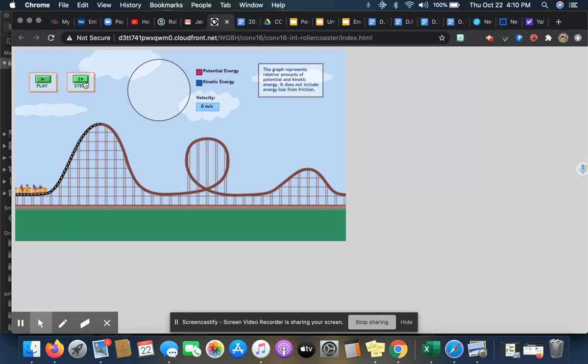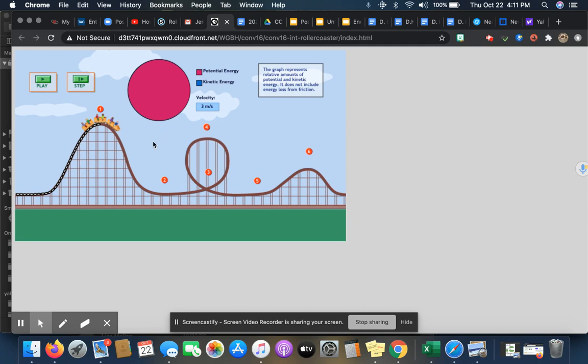What you're going to do is click the step button right here first. When you do the step button, it'll stop at each point. You're going to analyze each point and the pie chart, and tell me the amount of potential or kinetic energy that the pie chart is showing you, and whether it is increasing or decreasing in potential or kinetic energy.